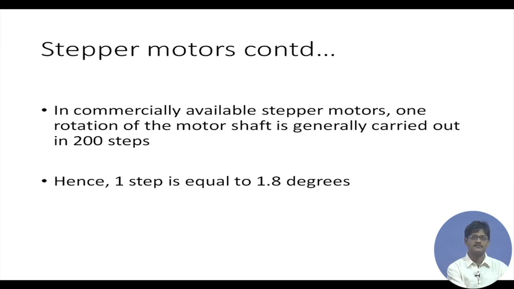Therefore, one step is equal to 360 degrees divided by 200, equal to 1.8 degrees. This is generally the standard angular step available with commercially available stepper motors. Other options are definitely there, but we will be generally dealing with this particular value.